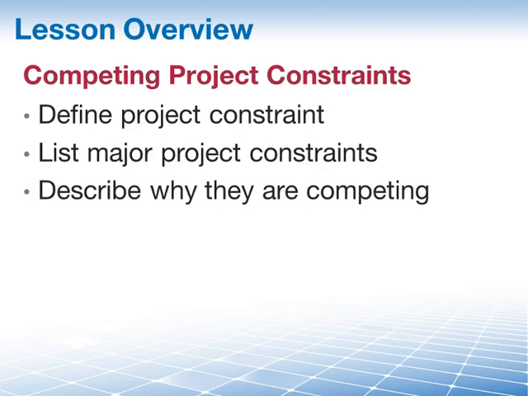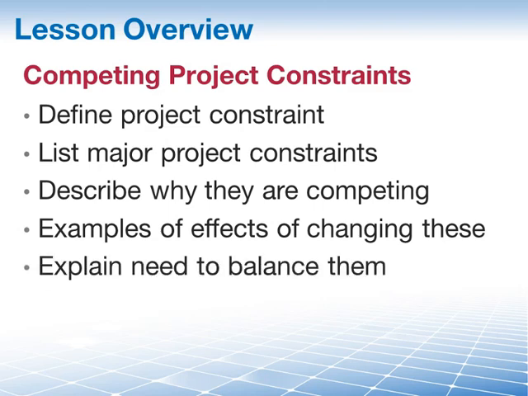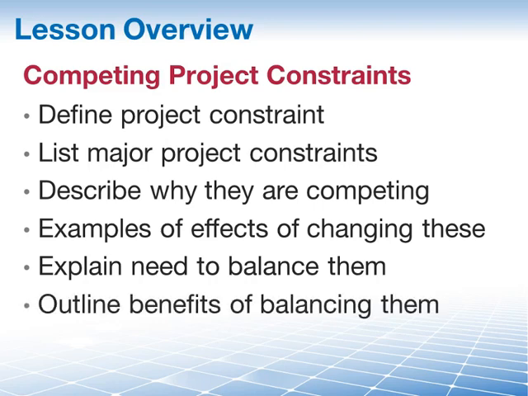We'll give you examples of the effect that changing one constraint may have over another, explain why it's necessary to balance these constraints, and outlining the benefits that are gained when you balance these constraints.